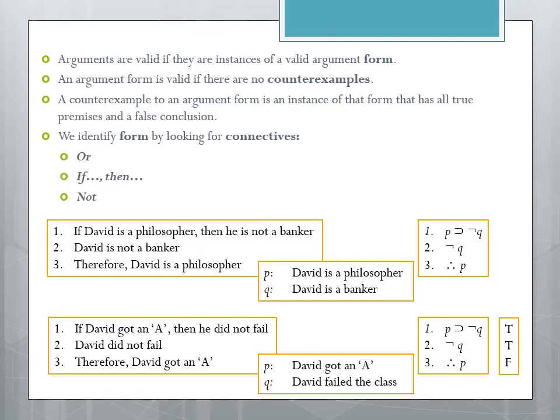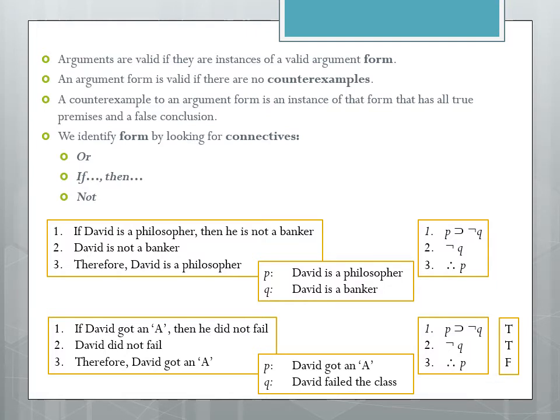Since the argument form has at least one counterexample, then we know that the argument form is invalid. It's not a valid argument form because it has counterexamples. It's an invalid argument form. And since it's an invalid argument form, then any argument that has this form is invalid.